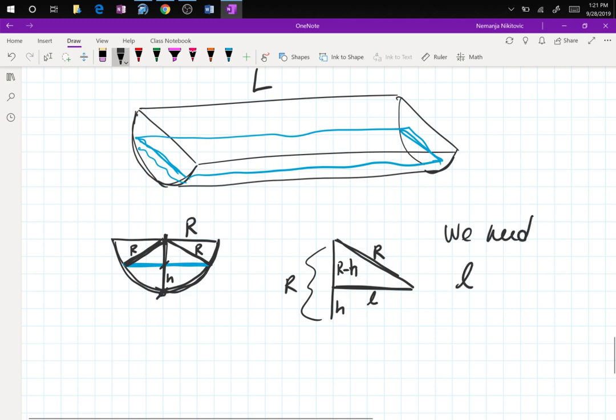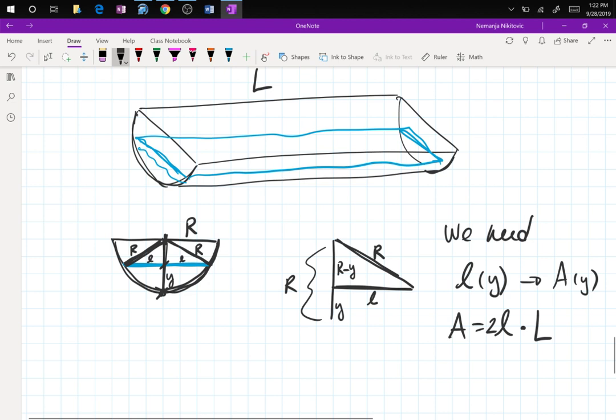Okay, so I'm not going to use this H, I'm going to use Y, because we want the l in terms of Y, and that will give me the area in terms of Y, because area will be l times the big L. Big L is just the length of the tank, and the small l, well, actually it will be 2l, sorry, because one side is l and the other side is l, so it's 2l across. There we go, much better.